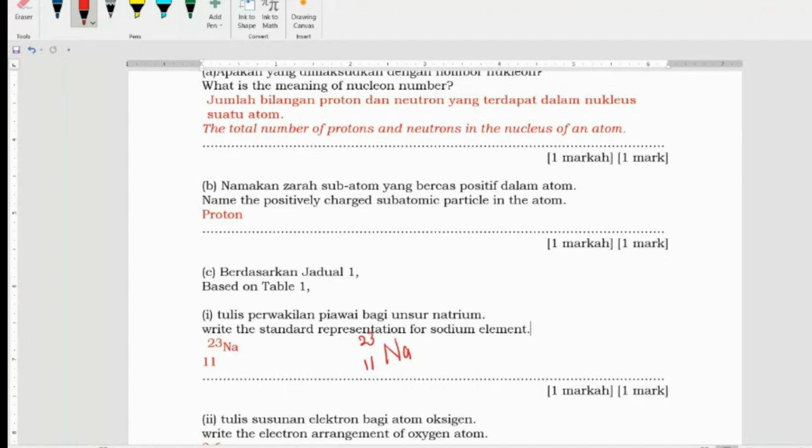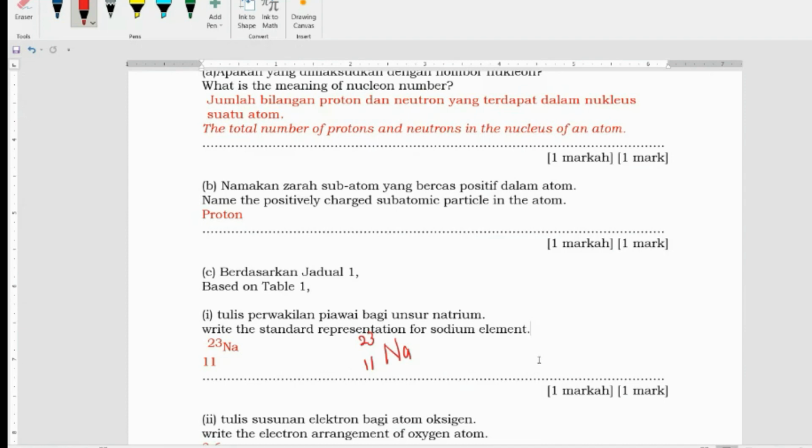Adrian? C2. Read the question, please. Write the electron arrangement of oxygen atom.